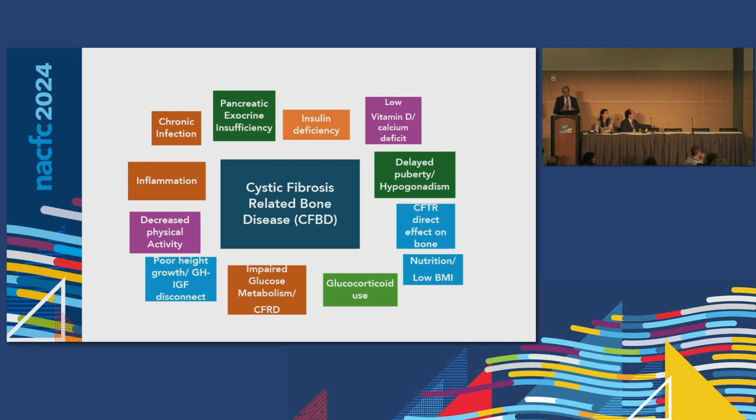There's a little bit of overlap with my slides and all the other slides because this is such an intertwined topic, but nevertheless, it's important to understand all the different things that go into the causation and the reasons for cystic fibrosis bone disease.